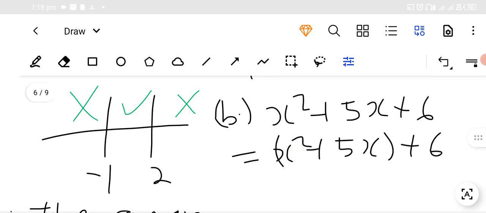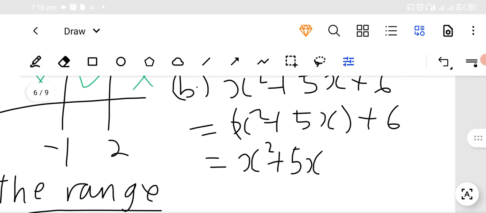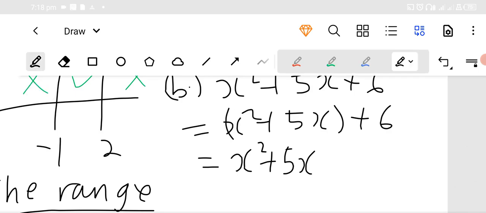And the next thing will be to say is equal to, since we have already made sure that the leading coefficient is a positive 1, and we can already see that it's in this proper form, so we can have 5x, then 5 divided by 2 is 5 over 2, then that you square it, it's going to be 25 over 4, minus 25 over 4.